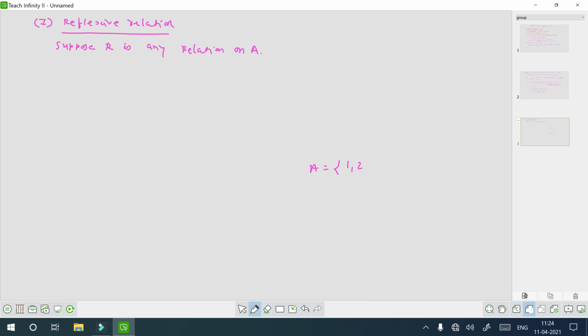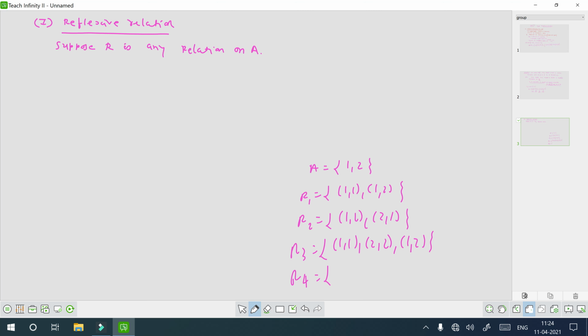R1 is equal to {(1, 1), (1, 2)}. R2 is {(1, 2), (2, 1)}. R3 is equal to {(1, 1), (2, 2), (1, 2)}. R4 is equal to {(1, 1), (1, 2), (2, 1), (2, 2)}.